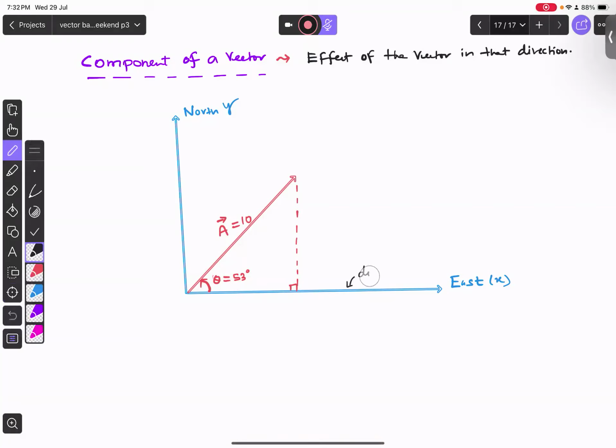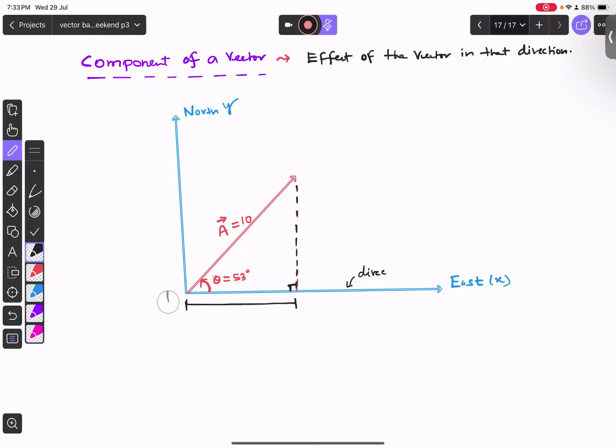To find the component of a vector along some direction, this is the x direction along which I have to find the component. From the tip of the arrow of that vector, we drop a perpendicular like that, and whatever the length of the base is, that much will be the component of the vector along that direction.